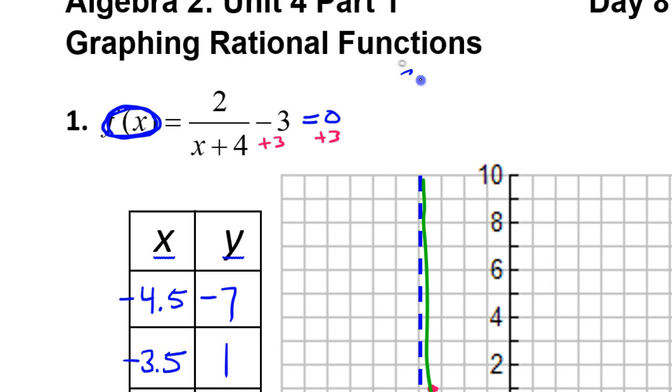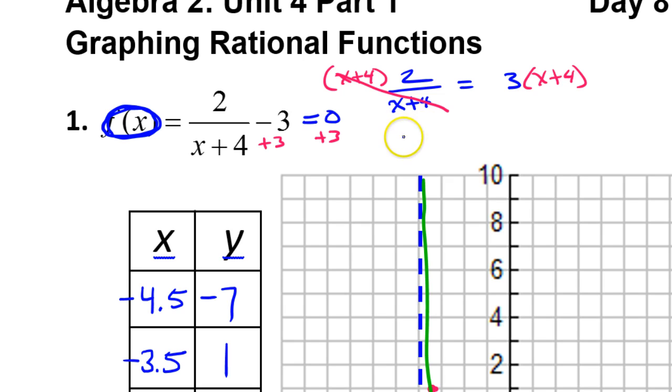So now I've got 2 over x plus 4 equals 3. An easy way to look at this is multiply by the denominator. So I'm going to multiply both sides of the equation by x plus 4. That way these are going to cancel out. That's going to leave me with 2 equals, and I'm going to do a little distributive property here, so that's 3x plus 12. I'm just solving for x. So subtract 12 from both sides.